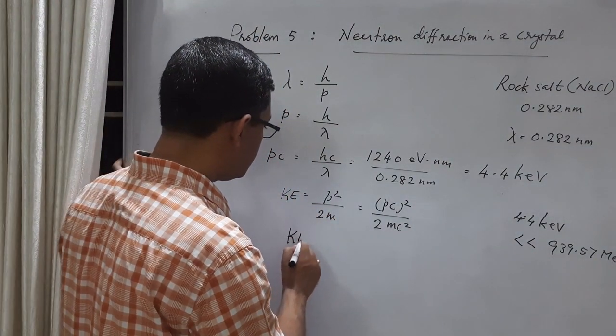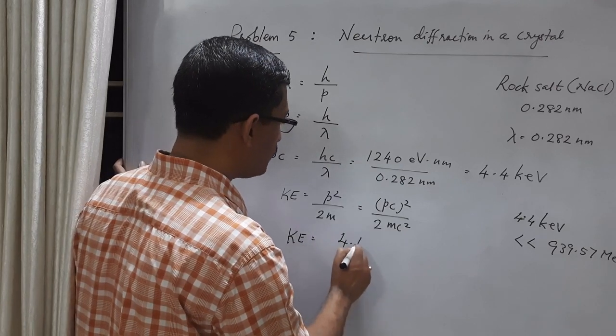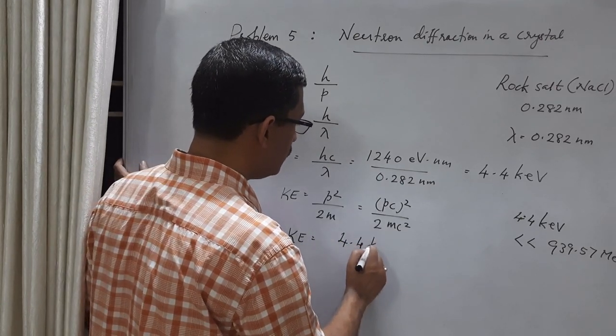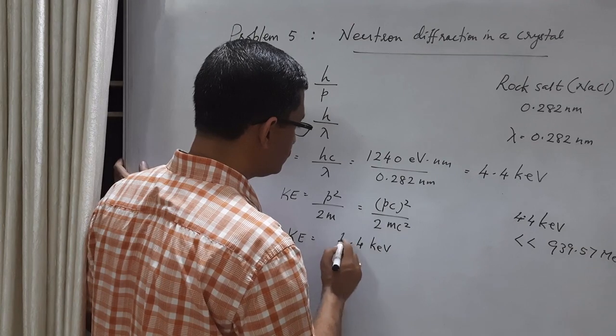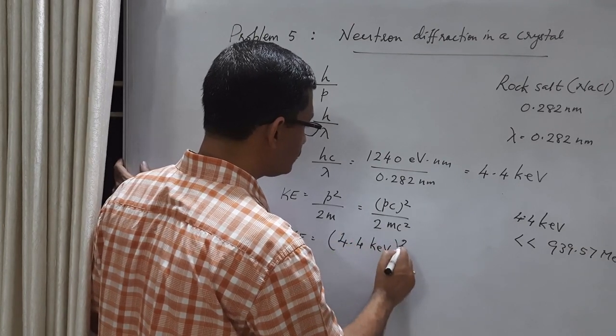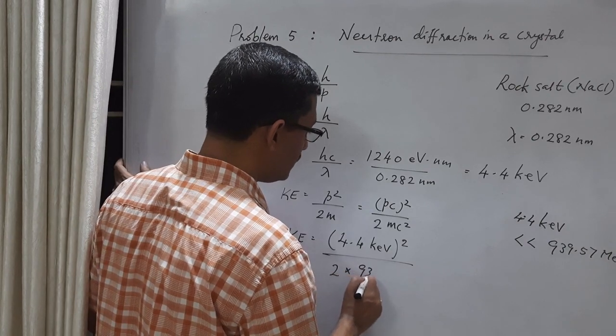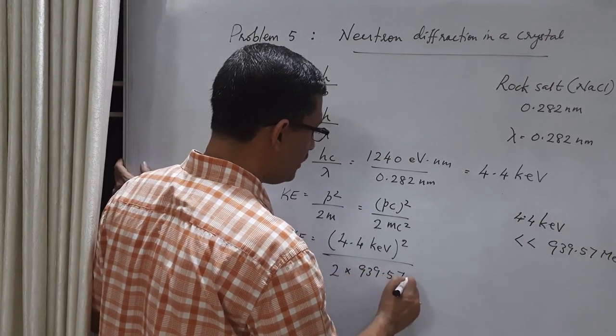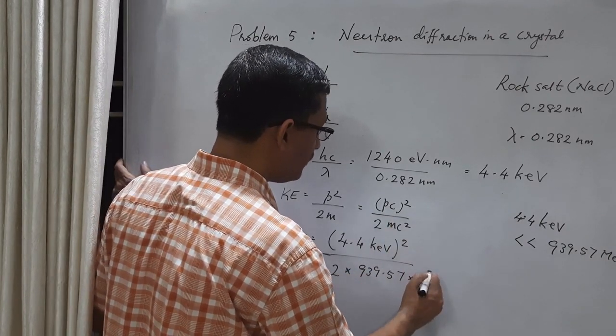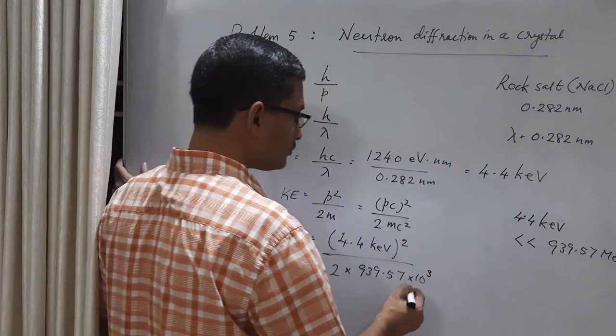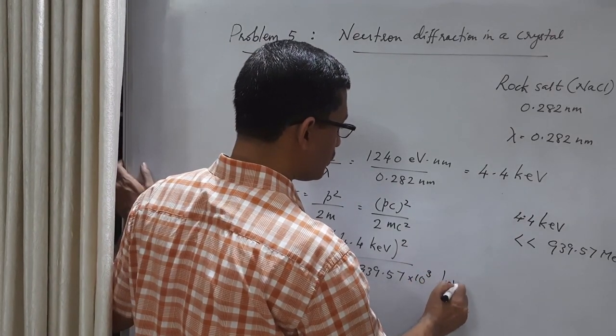So what is the kinetic energy? 4.4 kilo electron volt whole square, divided by 2 into 939.57 MeV, but since we have keV in the numerator, convert the denominator also into keV.